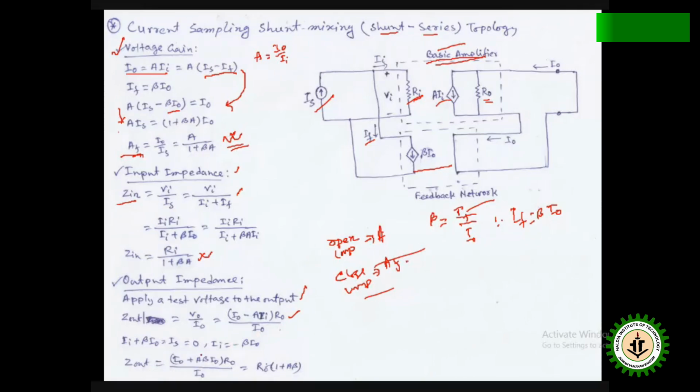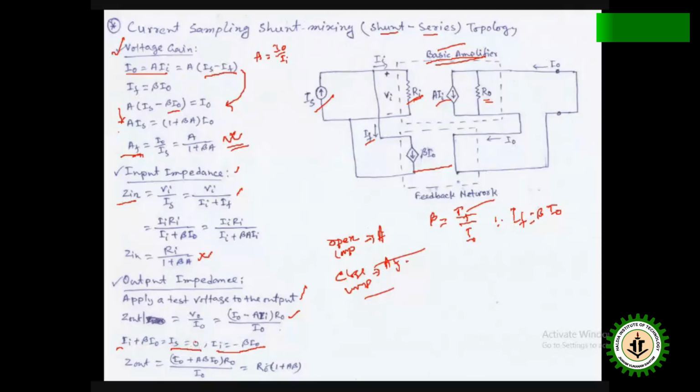If you simplify it, we see Ii plus beta I naught is equal to IS, where IS is equal to 0. Repeat, Ii plus beta I naught is equal to IS, which is equal to 0.